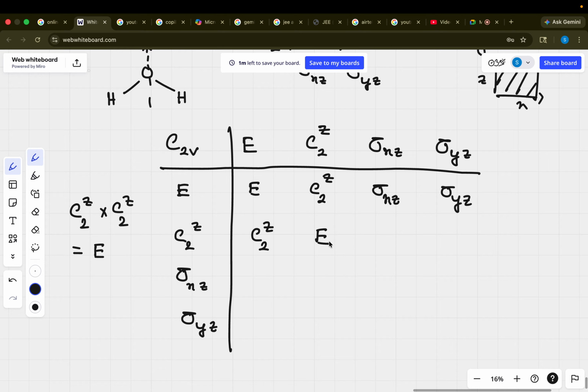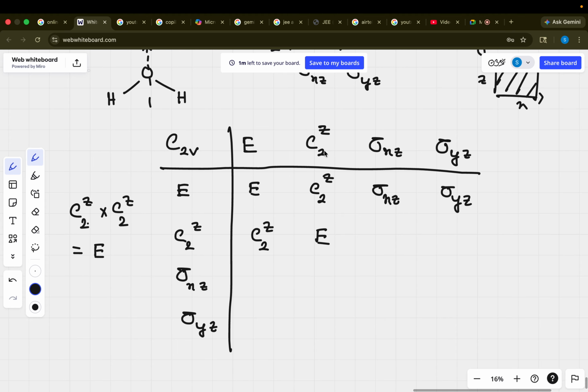If you multiply a single element two times, that will be equal to identity. Next you have C2Z into sigma xz. Identity you get from C2Z into C2Z: the same element multiplied two times gives identity.